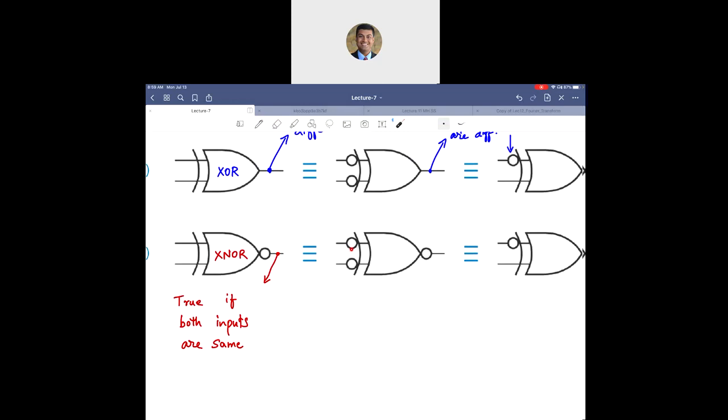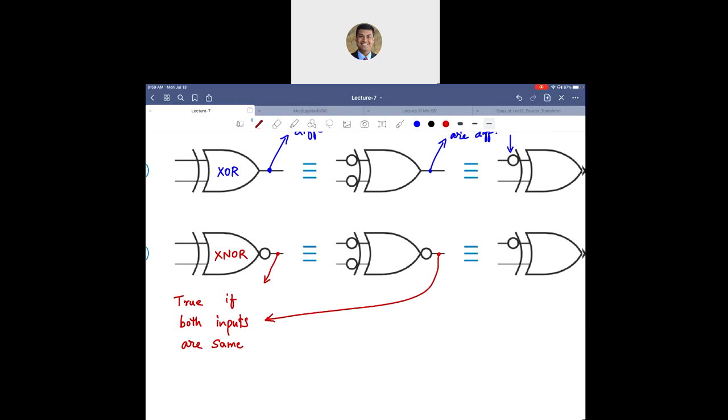It doesn't matter if they are 0 0 or 1 1, right? All that matters is if they are the same or not. So even if you flip both of them, it will still be an exclusive NOR operation. So that will still continue. Output will be true if both inputs are the same.